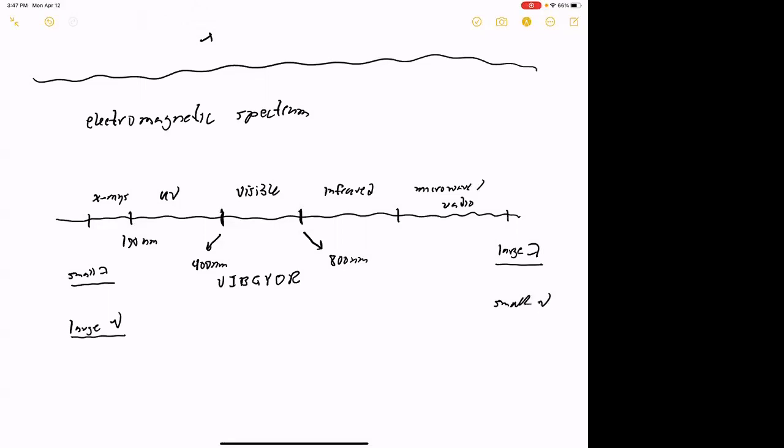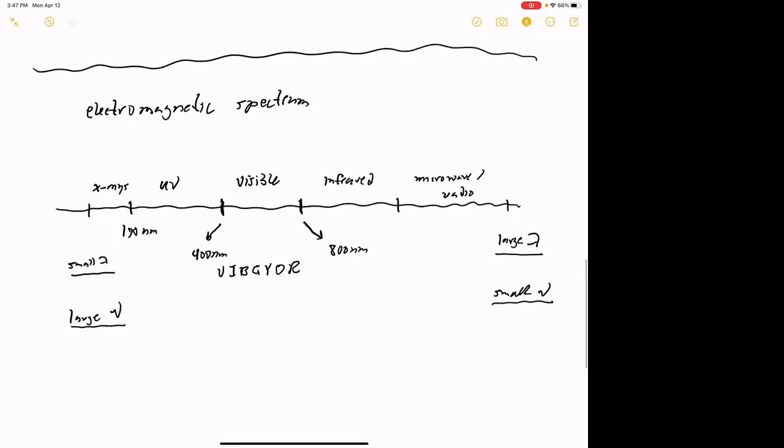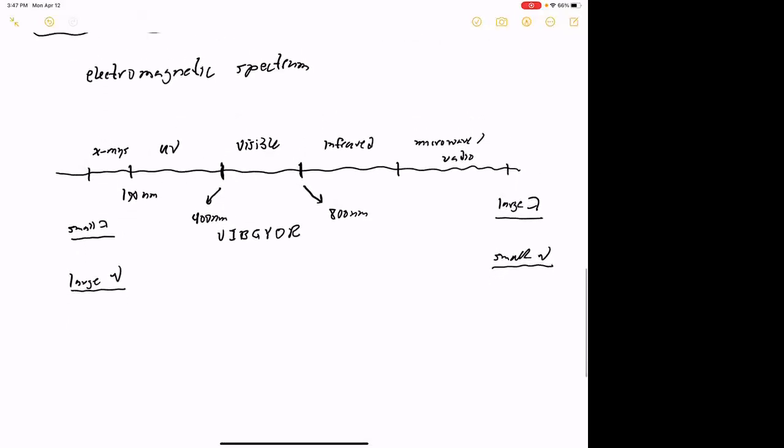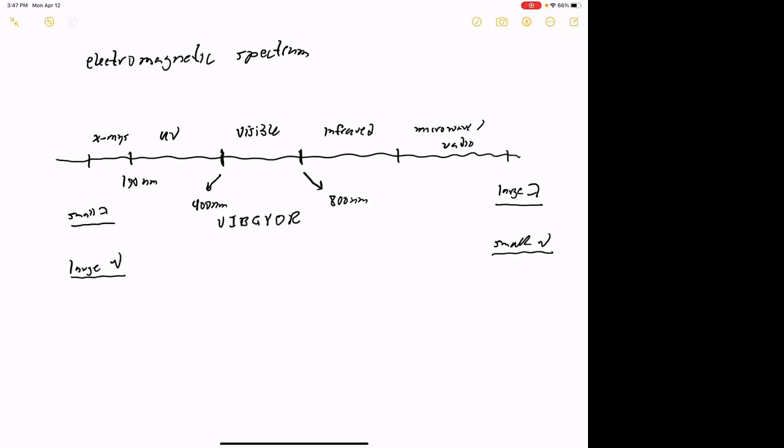Okay, and what about the energy of the photon? Would the high energy photons be at the left or the right? So how about energy? Where should energy be high, at the left or the right? The left. Yeah. All right, so there you go.